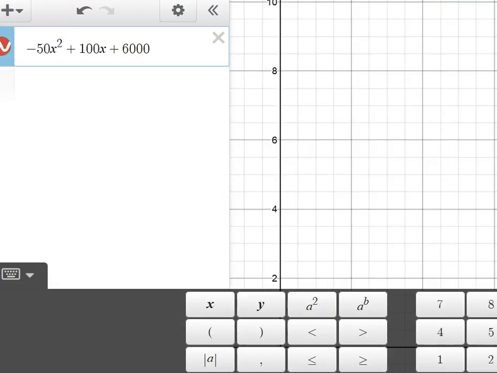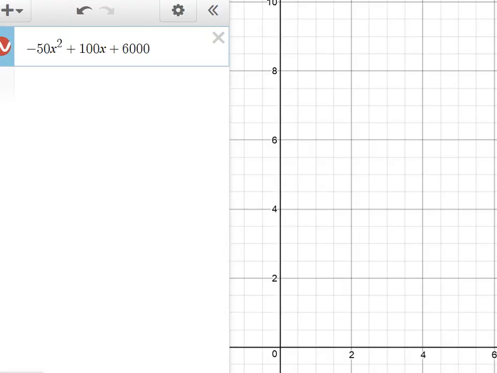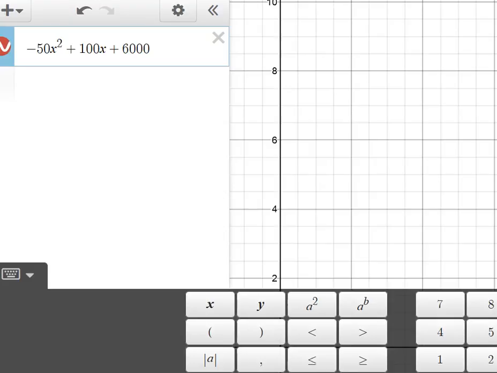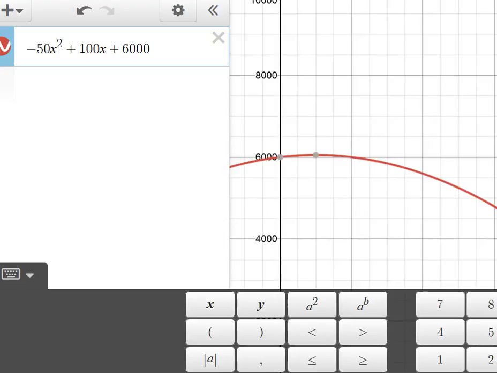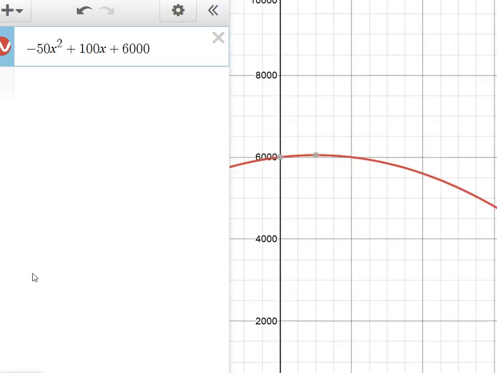Let me go over and adjust the numbers real quickly. So my x's can really just go up to about 20, that's fine. But my y's should probably go up to, let's say, 10,000. And now we can actually see the quadratic that's formed.